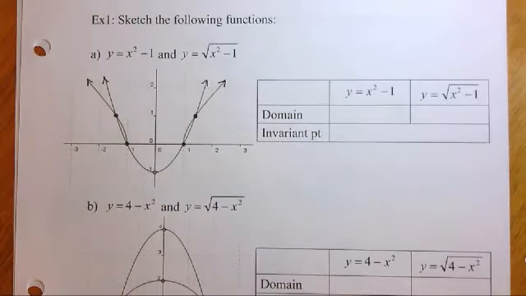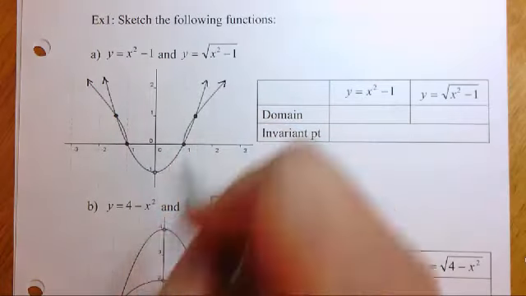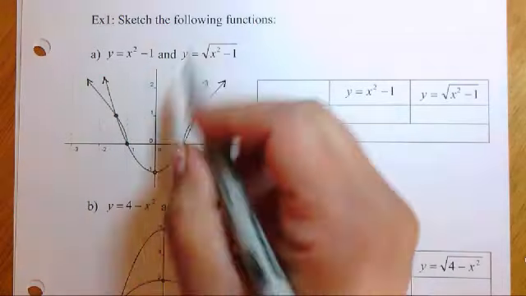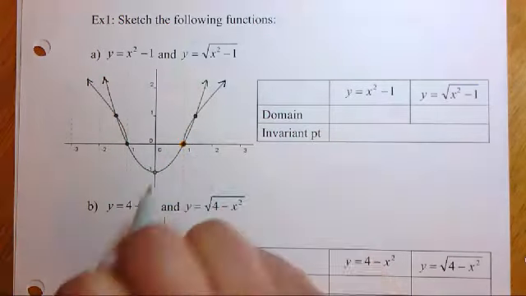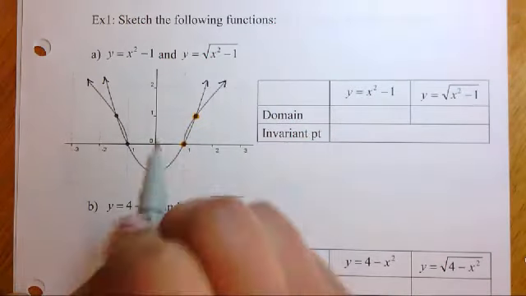Okay, so let's have a look at some more examples. Here you're given both of the equations. Now I'm going to leave in black what is the original, and then I'm going to plot my point at y equals 0 and at y equals 1.